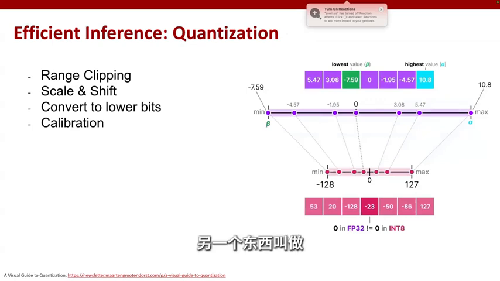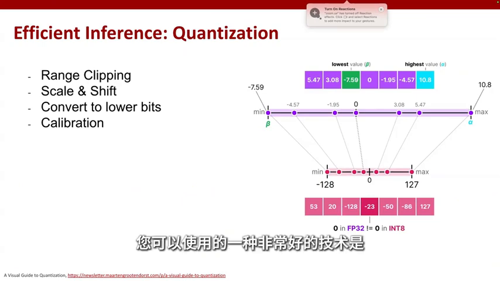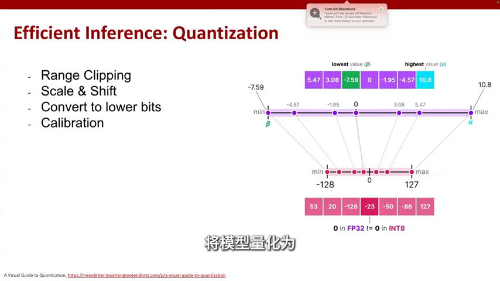And another thing is called quantization. After you train the model, if you want to deploy it on a smaller device like a phone, a very good technique is to quantize the model to lower bits.